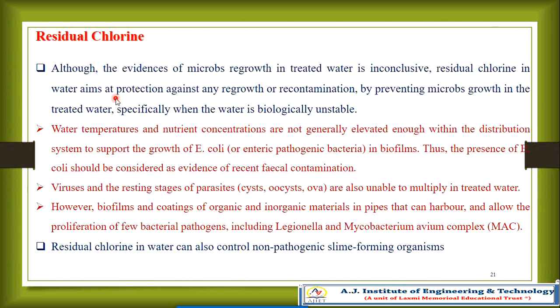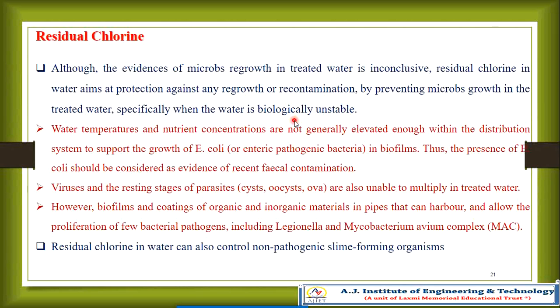The residual chlorine in the water aims at protection against any regrowth or recontamination by preventing microbial growth in the treated water, specifically when the water is biologically unstable. Are you getting now why we are keeping residual chlorine? The residual should be there in the water. There will be particular limits also for residual chlorine.